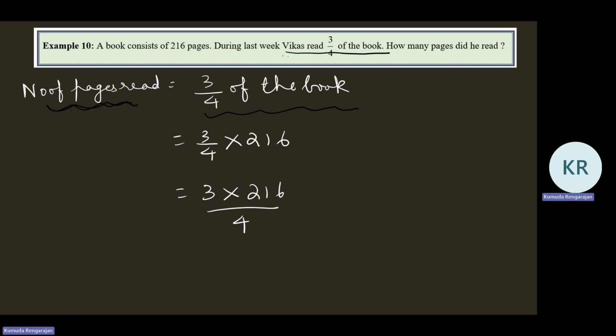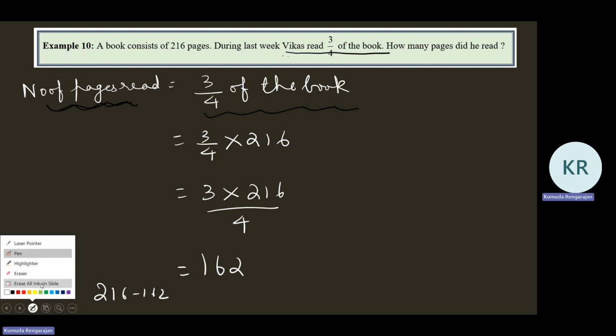But here the question is how many pages did he read? But supposing you have to find the number of pages not read, then it will be 216 minus whatever he's read, minus 162. So 216 minus 162 will give you the number of pages not read.